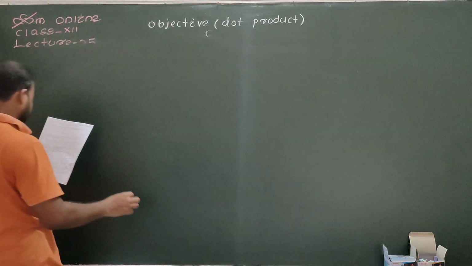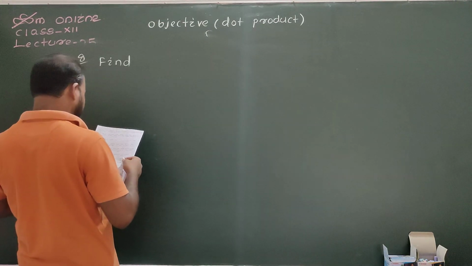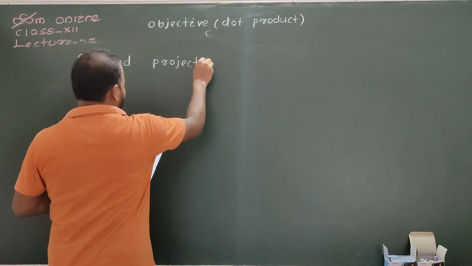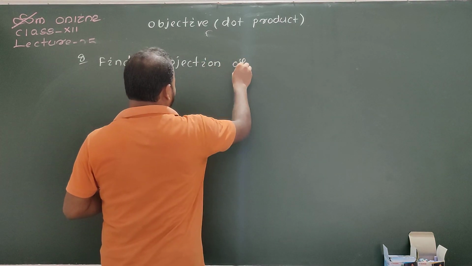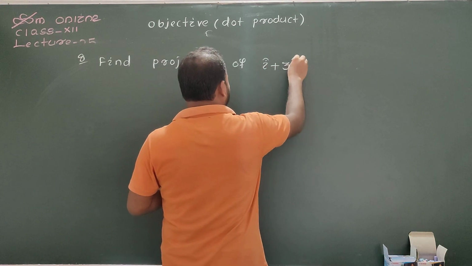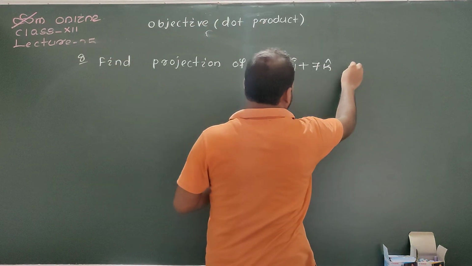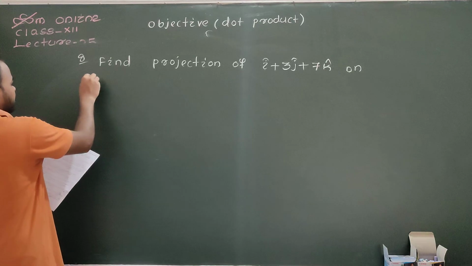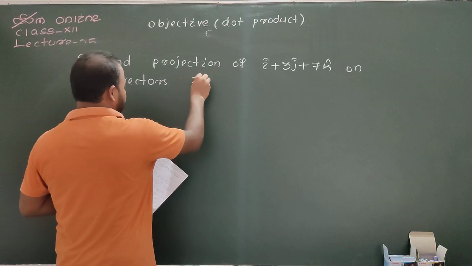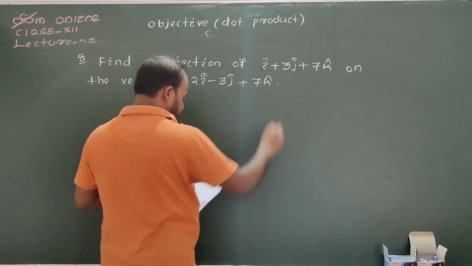Find the projection of the vector i cap plus 3j cap plus 7k cap on the vector 2i cap minus 3j cap plus 7k cap.